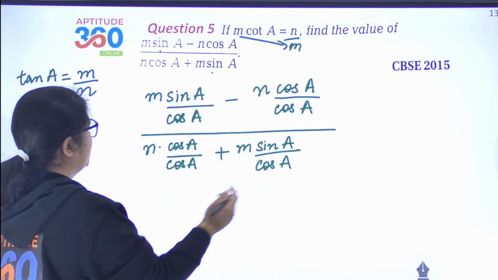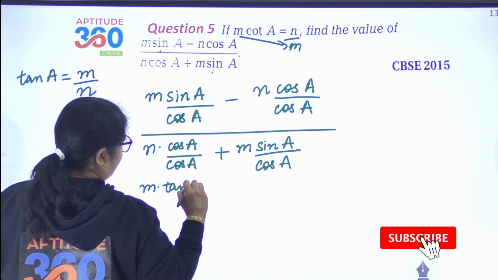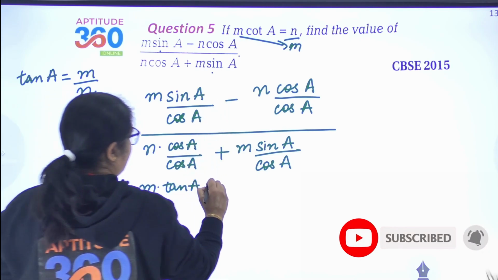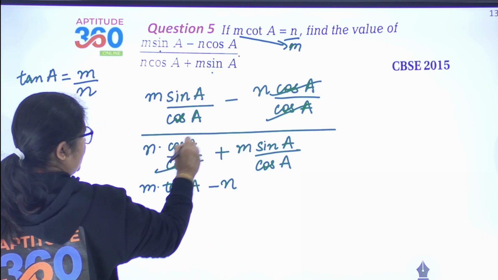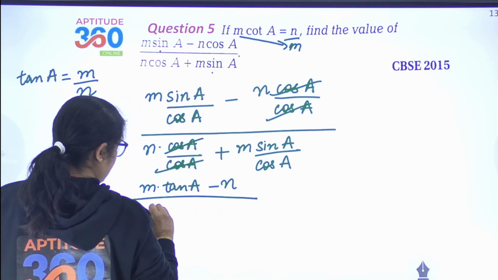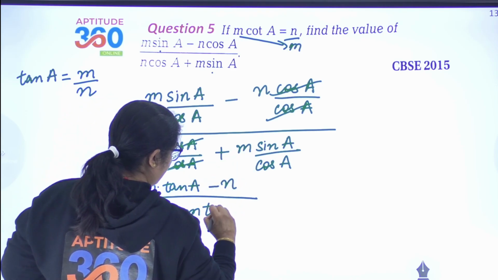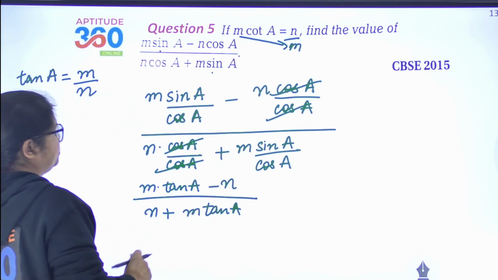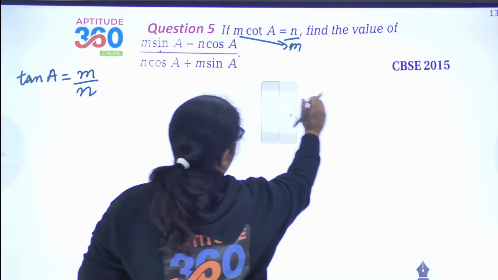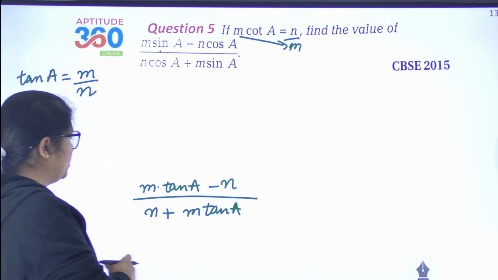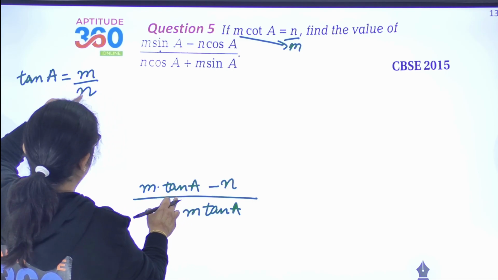Now let us see what we can get from this. m into tan A, right, minus n, because cos got cancelled. Here also cos gets cancelled and I have got n plus m tan A, right? Now I know the value of tan A from here, which is m upon n.